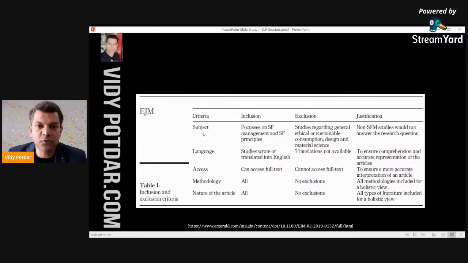From the subject point of view, what was included, what was excluded, and they also gave a justification. This is a good example of what you can also apply in your paper. Similarly, access, whether you can access the full text or cannot access full text, and so on.